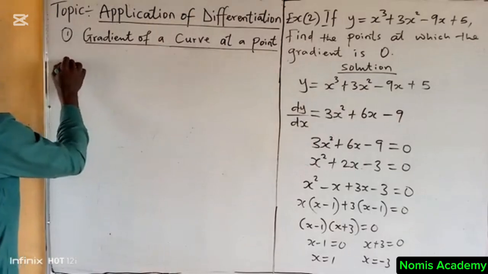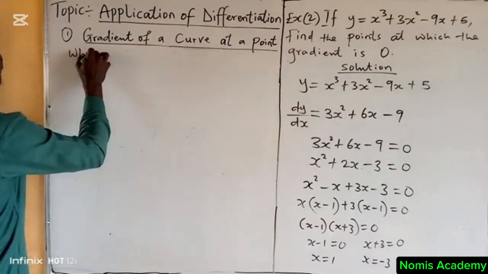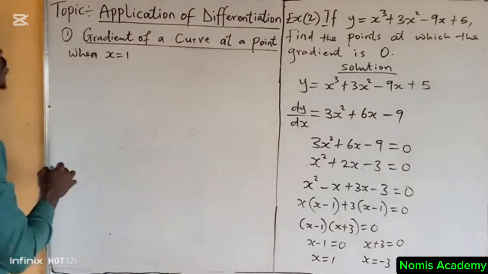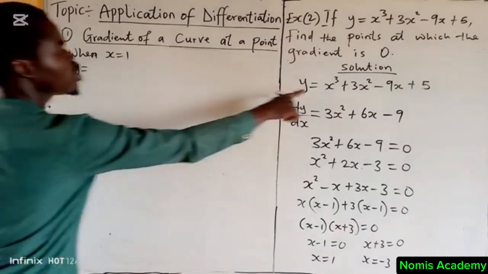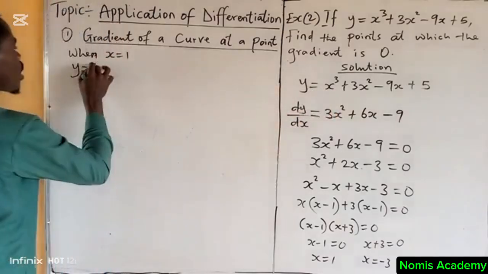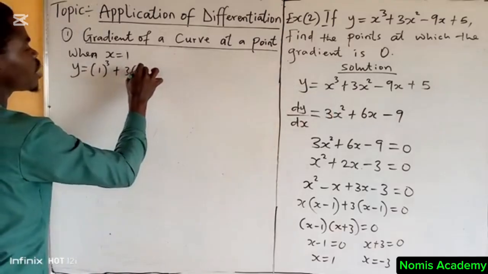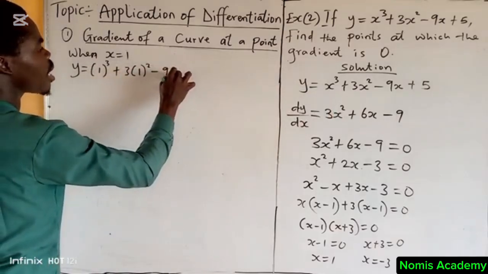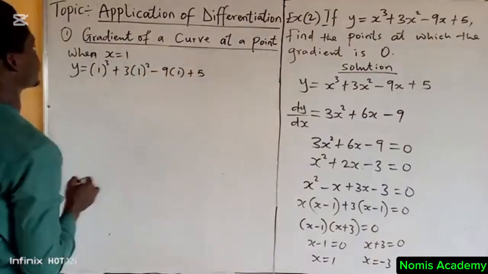When x is 1, we have y equal to, we slot in 1 there, 1 raised to the power of 3 plus 3 times 1 raised to the power of 2 minus 9 times 1, and then plus 5.